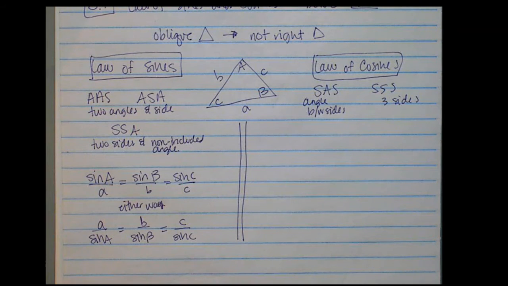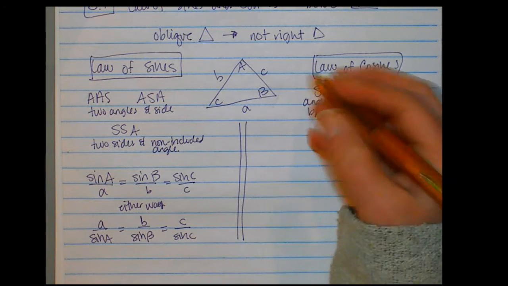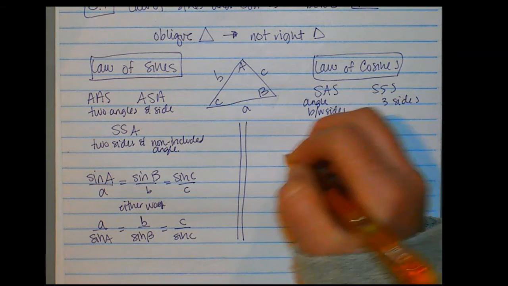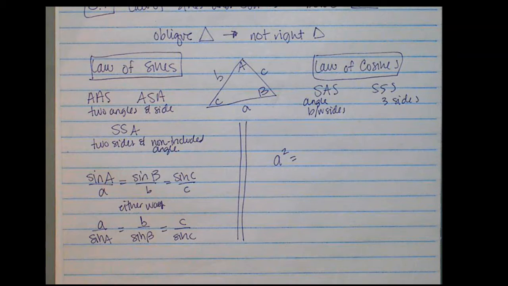So the law of cosine is not as easy to memorize, but it has a pattern to it, which makes it easy to figure out. The note card is probably unnecessary because they're not that difficult to memorize. They're not like the identities that we did. But the law of cosine says if you know a squared, like this is a derivation of the Pythagorean theorem.